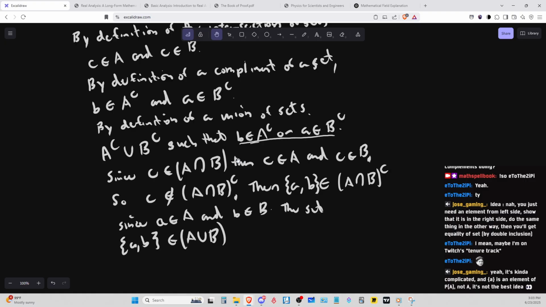Let's see. Yeah, it's kind of complicated, and the set A is an element of the power set A, not an A, and it's not the best idea. Okay.